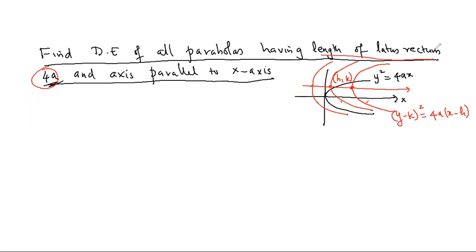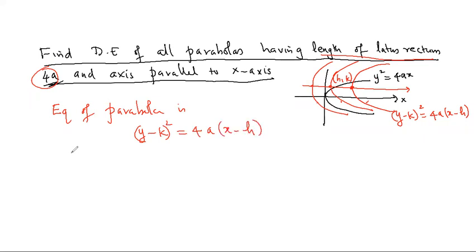If this sentence was not there, then a, h, and k, all three would have been arbitrary constants. So the equation of the parabola is y minus k the whole square is equal to 4a into x minus h, where h and k are the arbitrary constants.